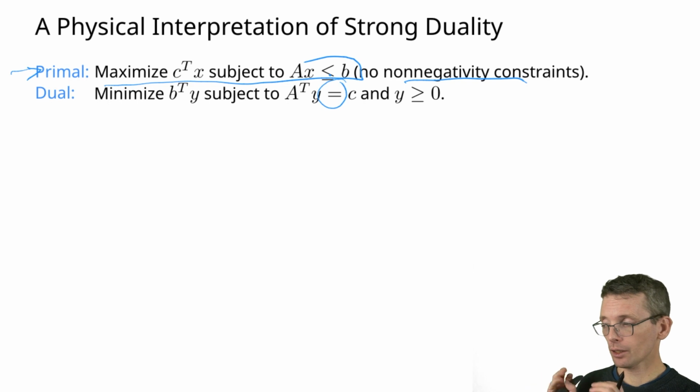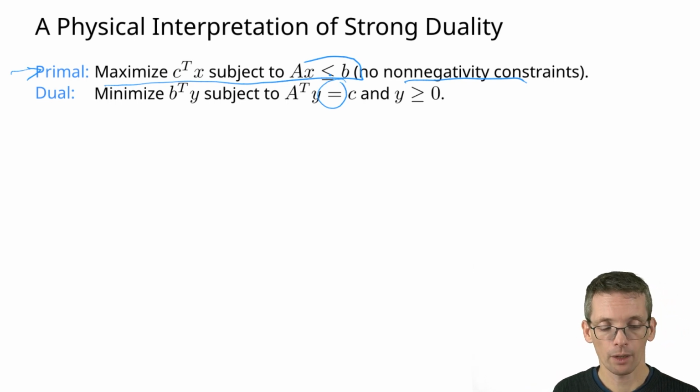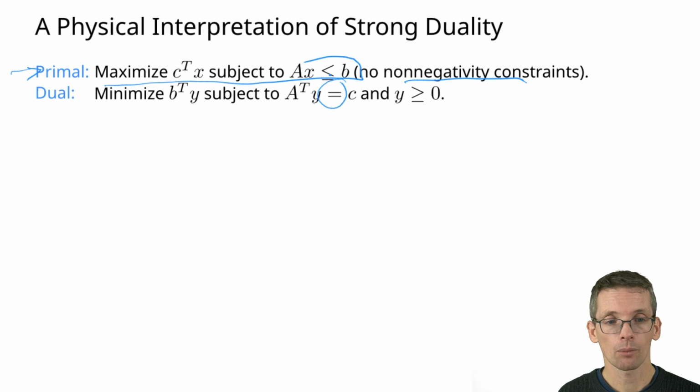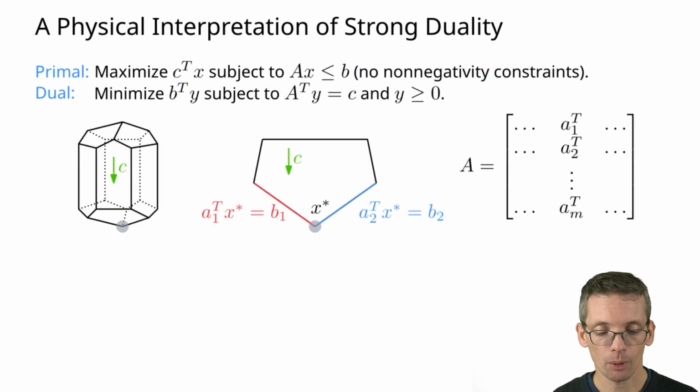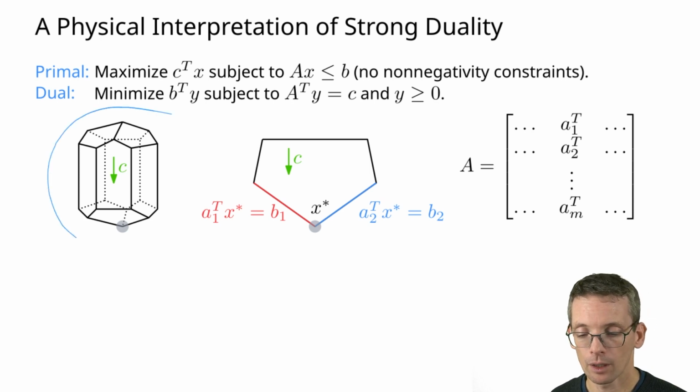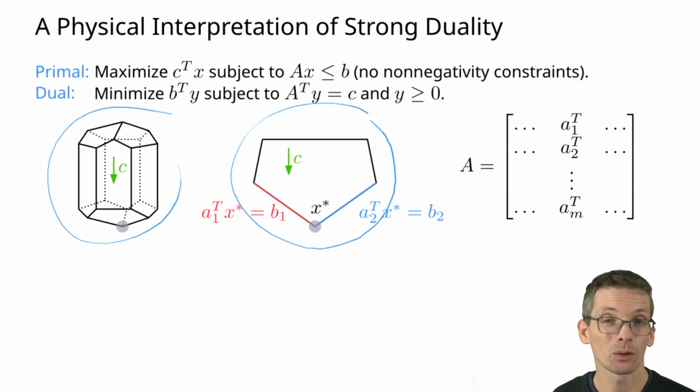And now let's take a look at the set of feasible solutions. Let's assume we have, for instance, 3 variables, then the set of feasible solutions would be a 3D polyhedron, or if we only have 2 variables, a 2D polyhedron, or if it's bounded, a 3D polytope or a 2D convex polygon.